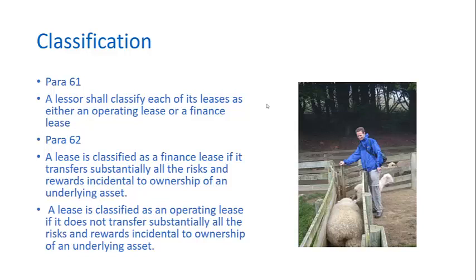The real issue here is that a finance lease is essentially a financing transaction where the lessor retains little interest in the asset, whereas an operating lease is a short-term arrangement whereby the lessor really does retain the asset, and it's simply a short-term arrangement whereby temporary use of the asset is granted to the lessee. They have quite different accounting implications.